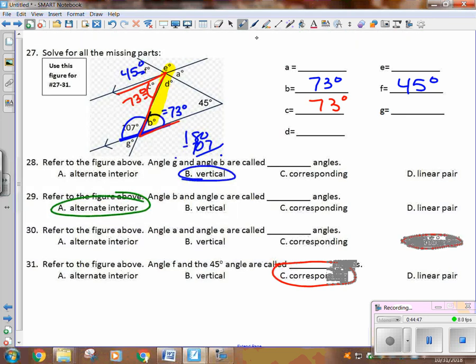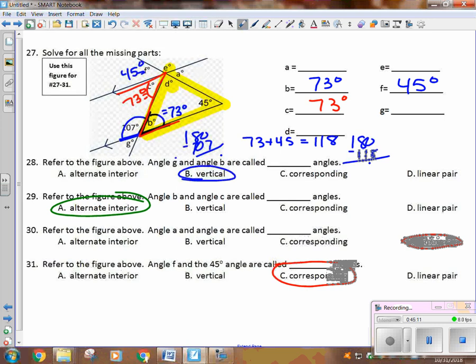I have a triangle right here. Did y'all see the triangle I just highlighted? I got 73 in there, I got 45 in there, and now I have D. How would I find D? Well, I could say 73 plus 45. I think that gives me 118. And then I know there's 180 degrees in a triangle, so 180 minus 118.